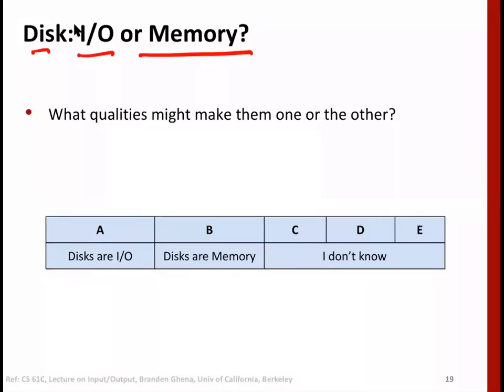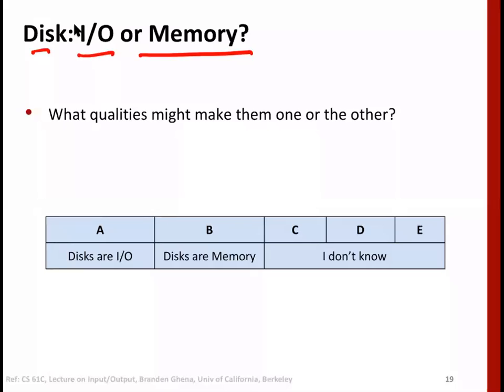But with respect to CPU, can you say disk is a memory or is it IO? With respect to CPU, it should be IO. Yes, very right. Why?